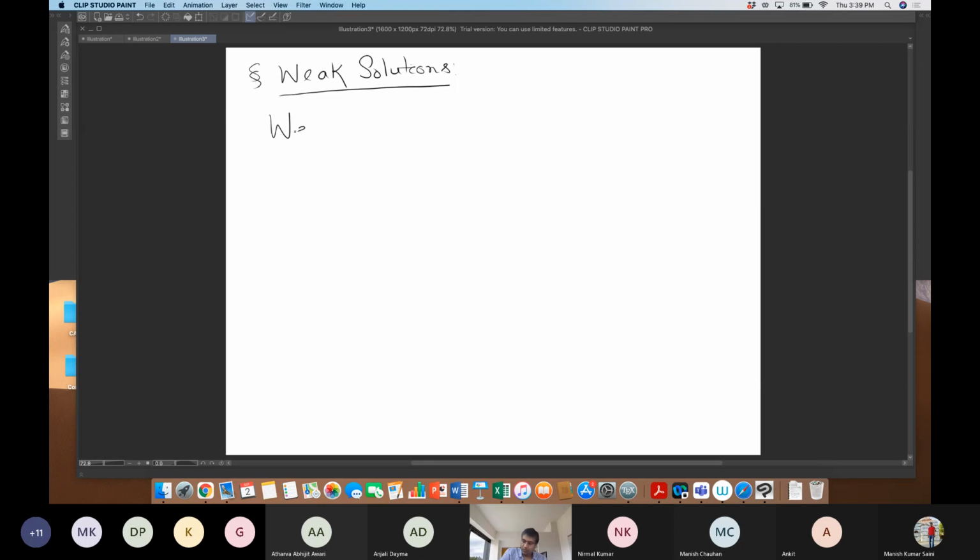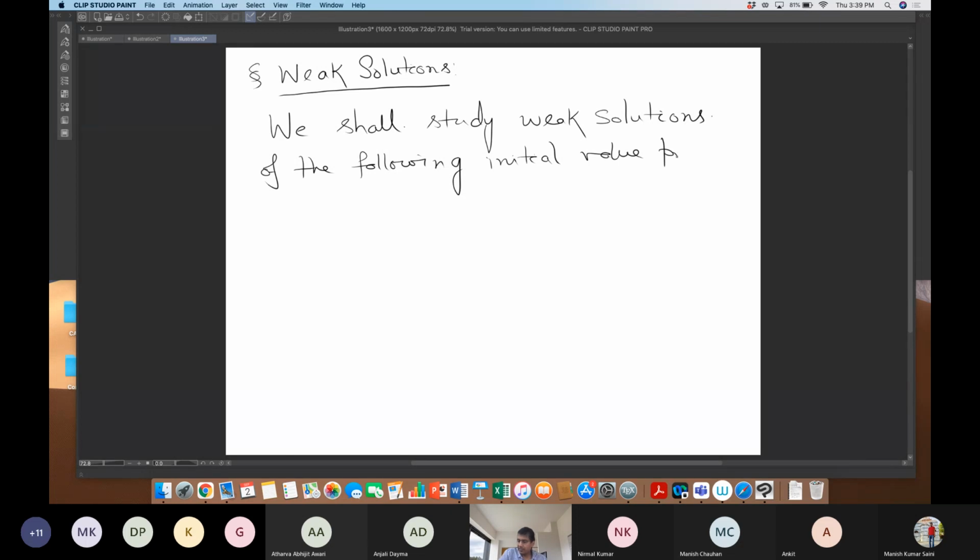We shall study weak solutions of the following initial value problem. This concept of weak solution is very general, but let us confine ourselves to a particular class of problem.